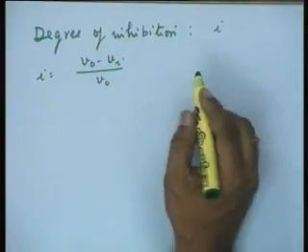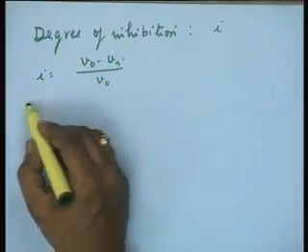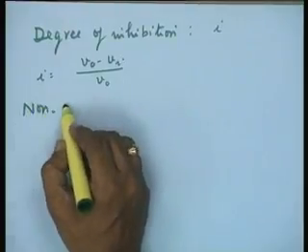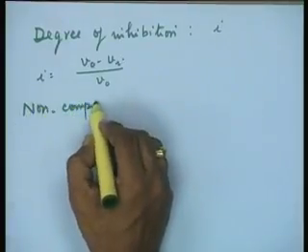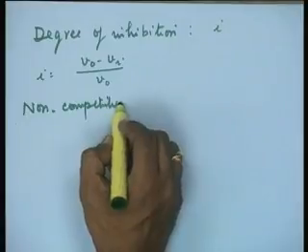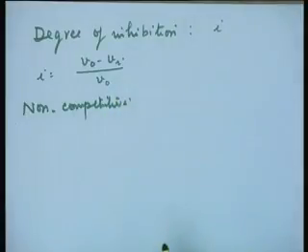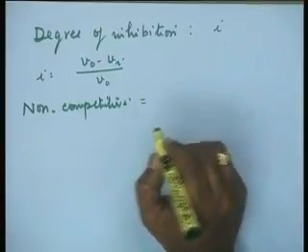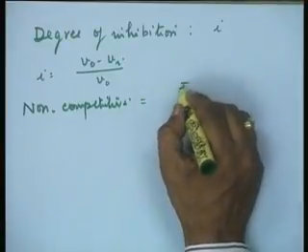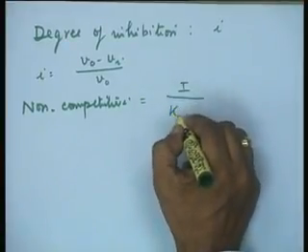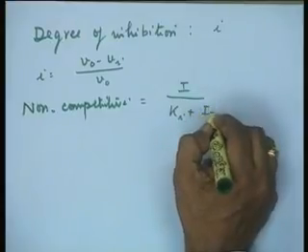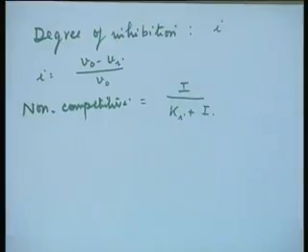Now, you will notice that if you substitute the rate expression for the inhibited and the uninhibited reaction for the non-competitive case, the value will be I upon KI plus I, which indicates that the degree of inhibition is independent of substrate concentration.